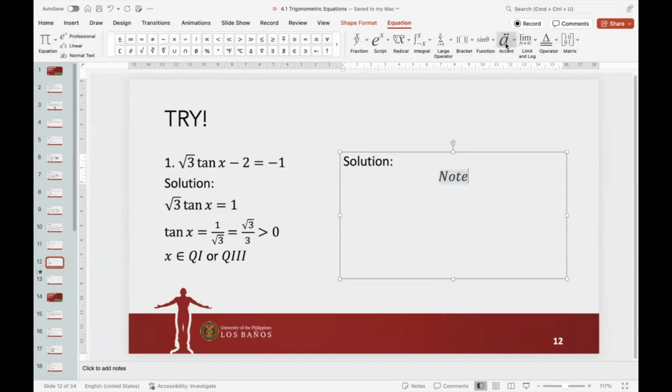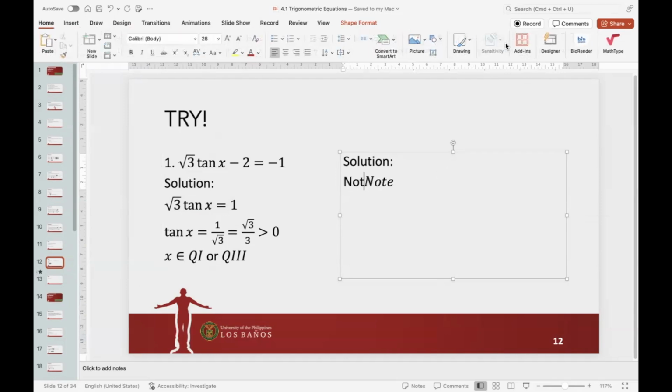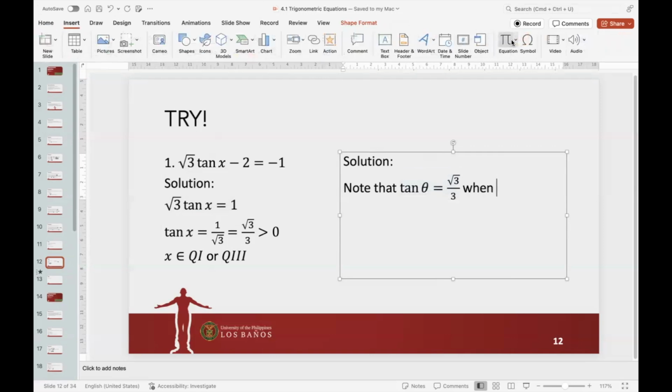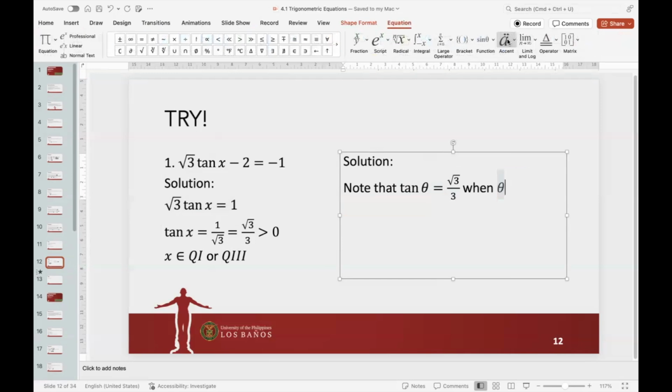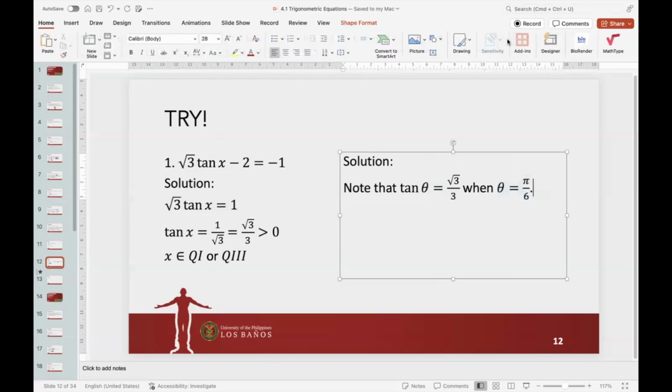So note that tangent theta is equal to square root of 3 all over 3 when theta is equal to pi over 6. Again, tangent theta is equal to square root of 3 over 3 when theta is equal to pi over 6.